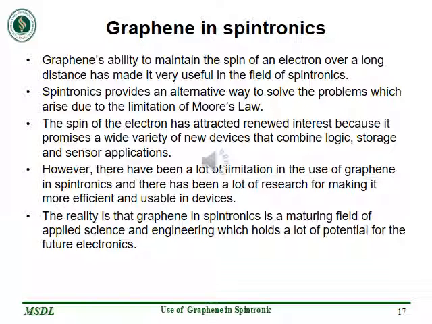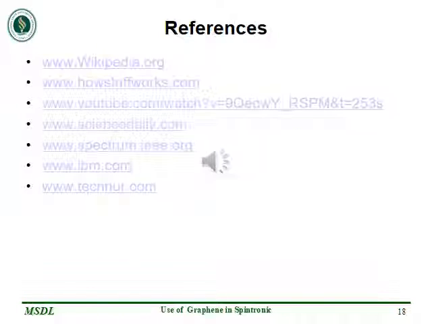However, there have been a lot of limitations in the use of graphene in spintronics, and there has been a lot of research for making it more efficient and usable in devices. The reality is that graphene in spintronics is a maturing field of applied science and engineering, which holds a lot of potential for future electronics.